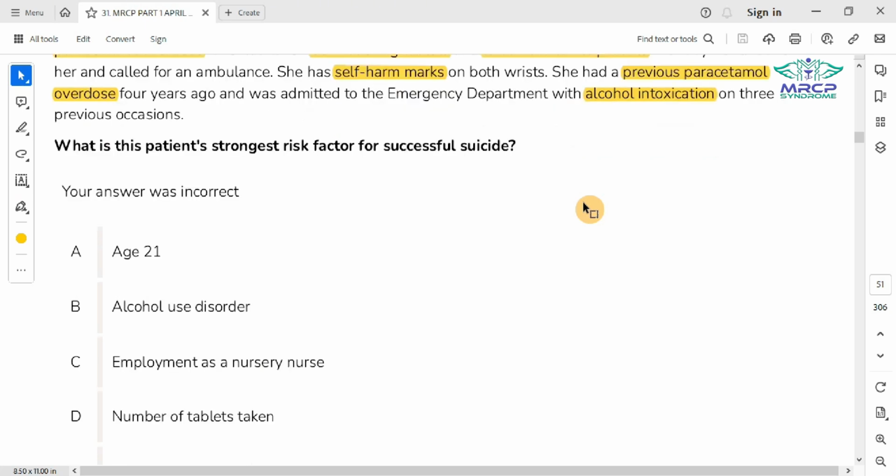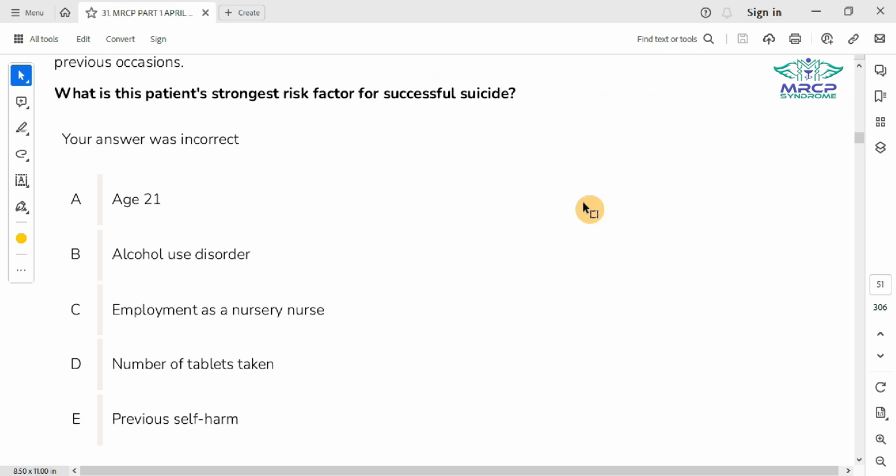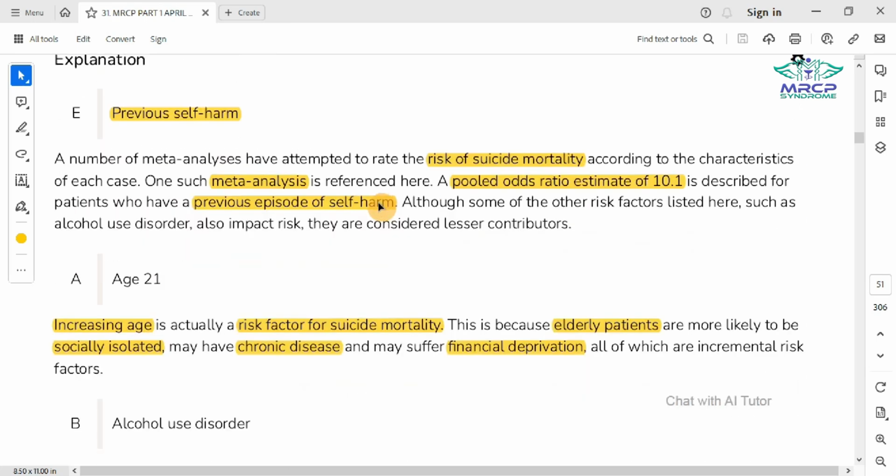So which one is the strongest risk factor for successful suicide? Previous self-harm. Yes, this is the previous self-harm. A number of meta-analyses have attempted to rate the risk of suicide mortality according to the characteristics of each case. One such meta-analysis is referenced here.